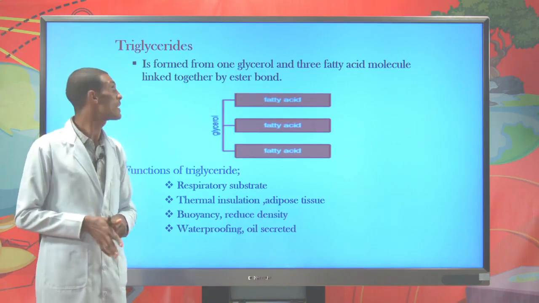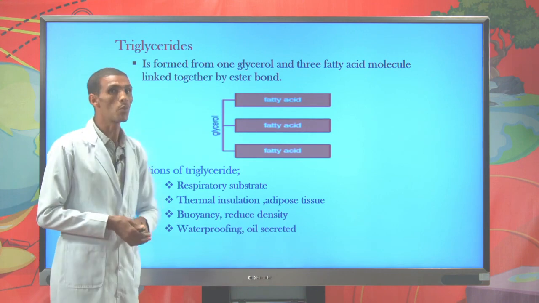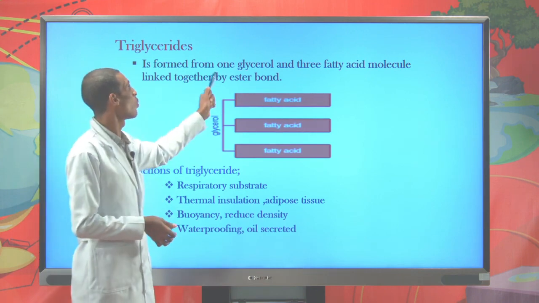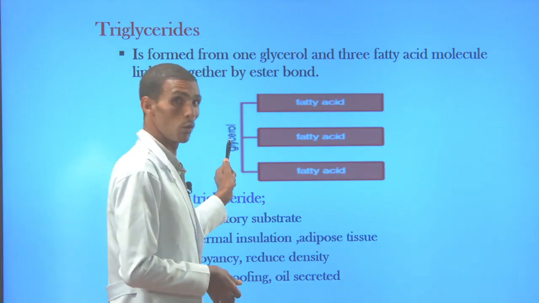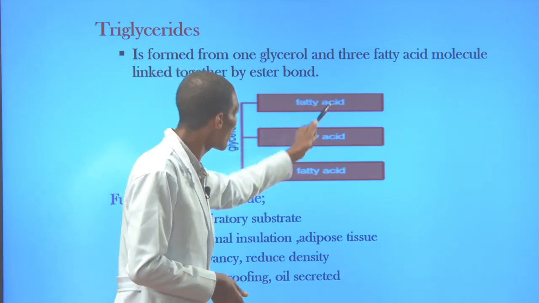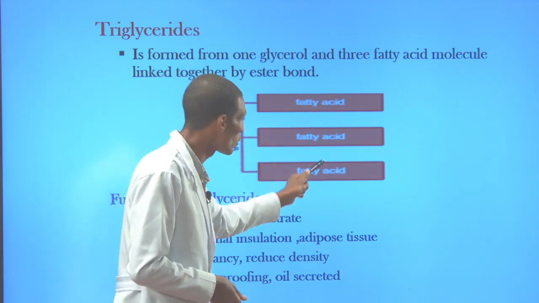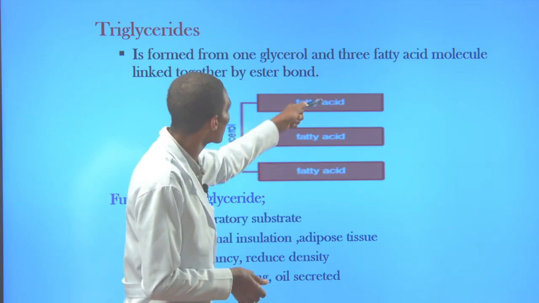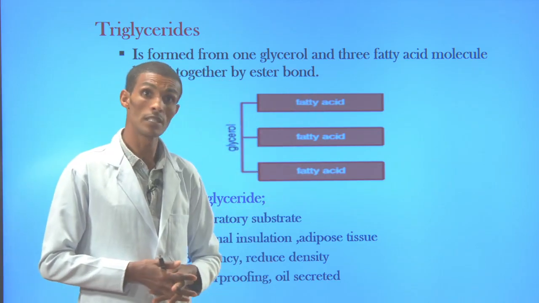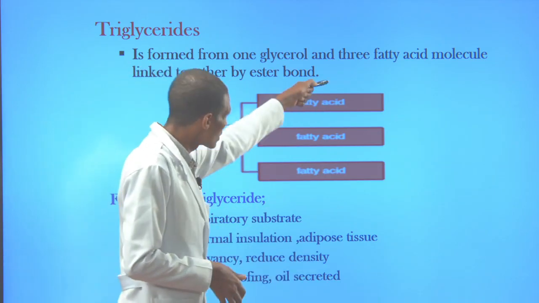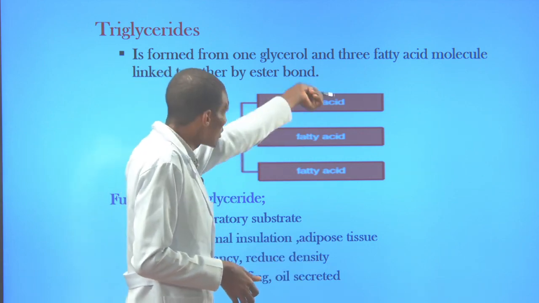Triglyceride is an important lipid which is formed when one glycerol, the alcohol part, and 3 fatty acids, long chains of hydrocarbon with an acidic part, become joined together. Here a carboxyl functional group is found.